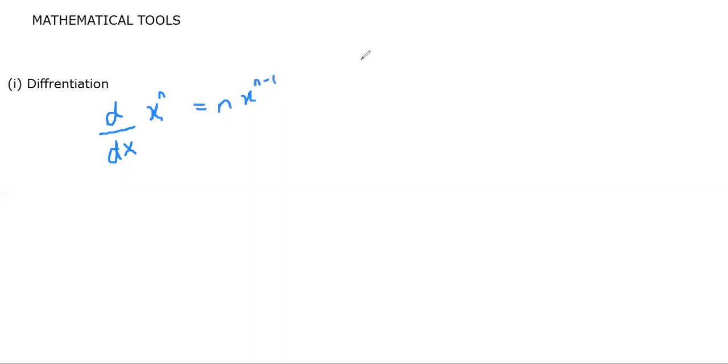Now suppose I want to differentiate x square, d by dx of x square. If I apply the formula, the value of n is 2. So 2x, 2 minus 1 remains 1. So the answer is 2x.